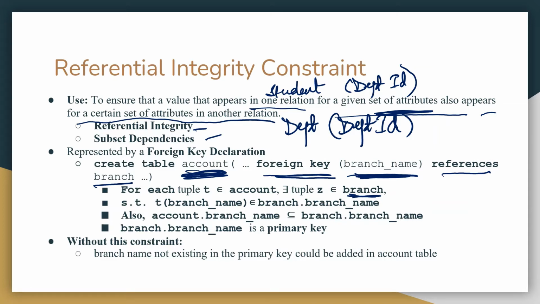So basically the branch name which is present in account is already present in the branch relation.